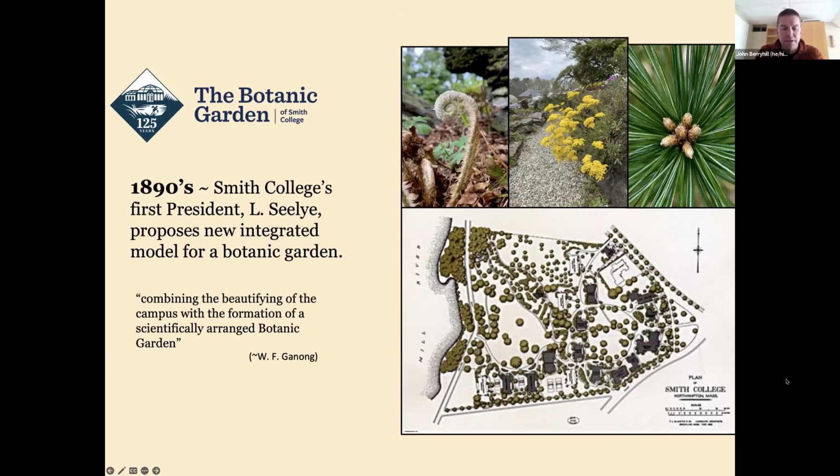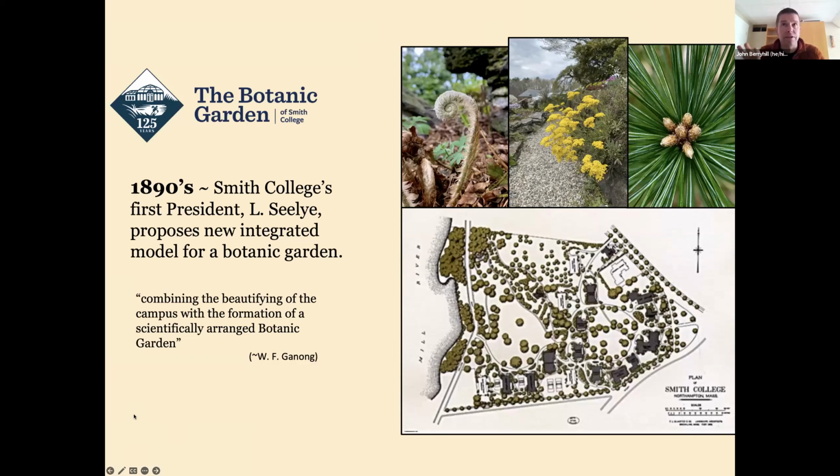After a couple decades of operation, our first president, President Seeley, saw the need for really significant campus infrastructure development and expansion. And he had what was really an original idea of the time, which surprised me when I learned this because it's so ubiquitous today.